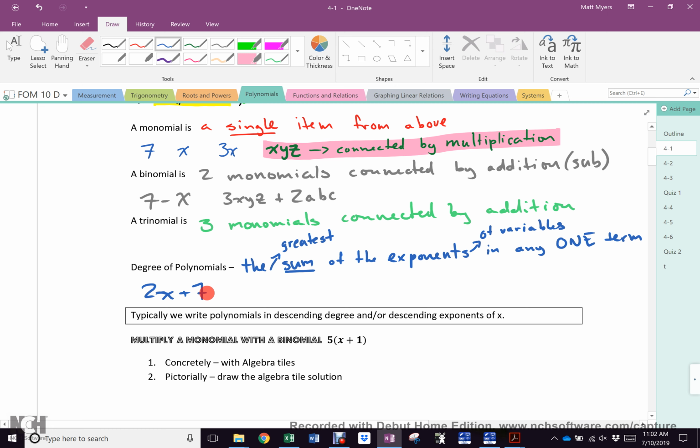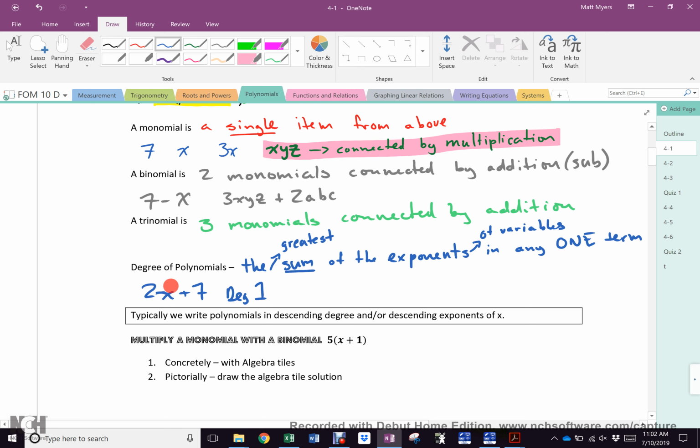So in that first example, that blue one, what's the only variable? X. What's its exponent? 1. So the greatest sum of the exponents of variables in any one term. This guy only has one variable. Its exponent is 1. So this guy is degree 1.